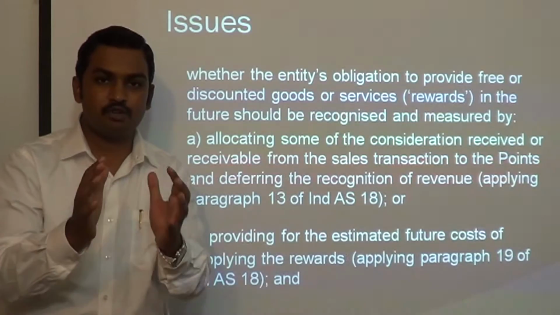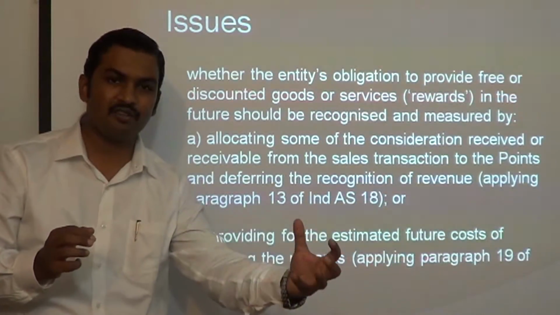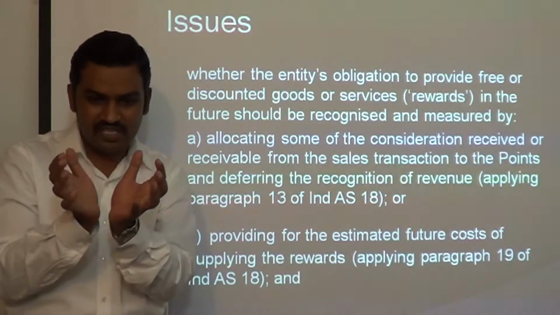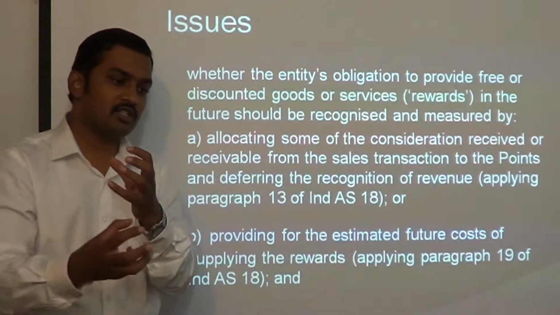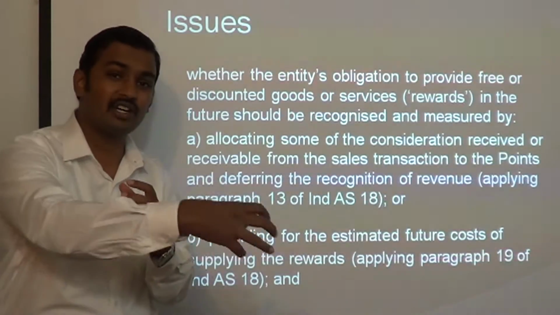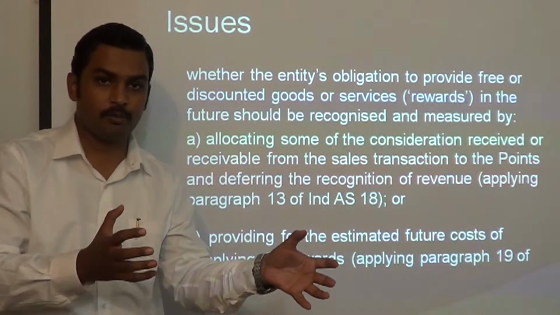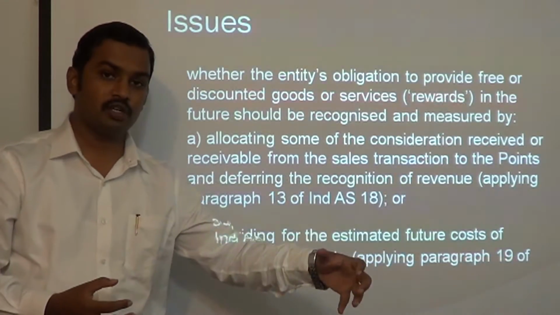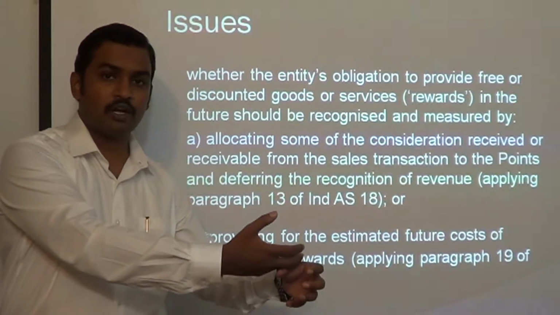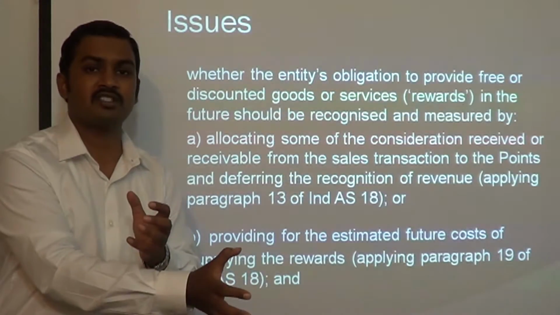So let us say 10,000 rupees is the value of the sale transaction, and some points have also been granted to the customer. Out of this 10,000 rupees, the total sale consideration, a particular portion has to be allocated to the points, and how much will be allocated depends upon the fair value of the points. The fair value allocated to the points will be considered as deferred revenue. That means out of 10,000, a particular portion is considered as deferred revenue.